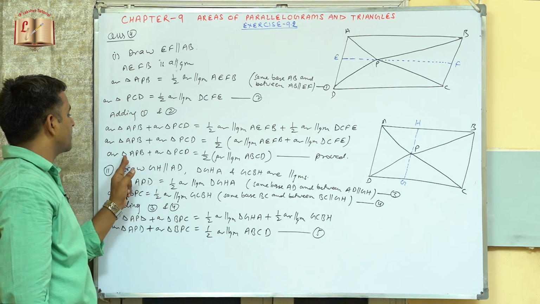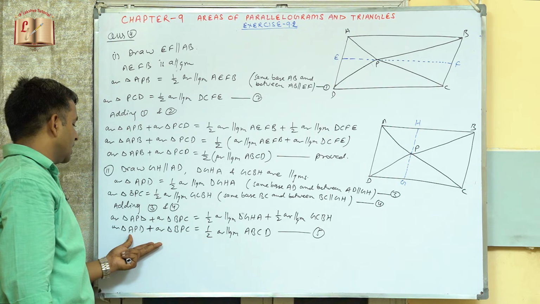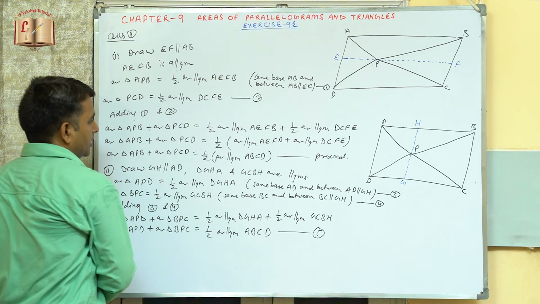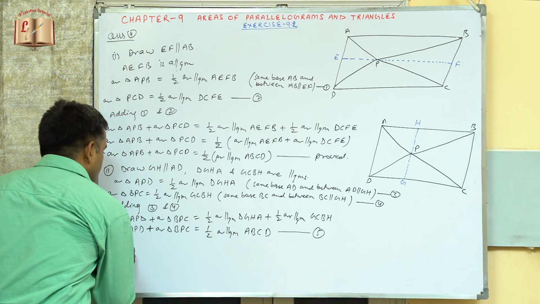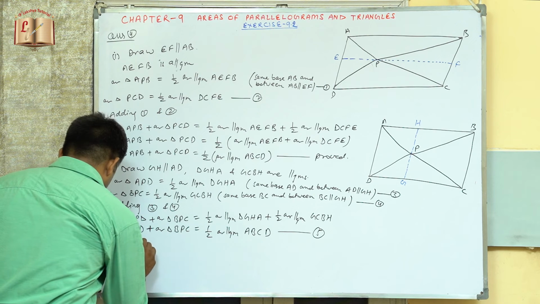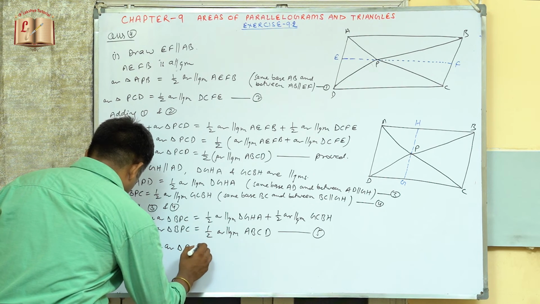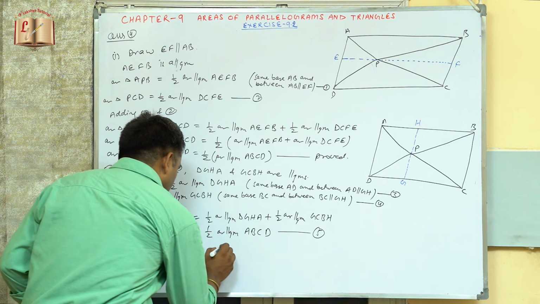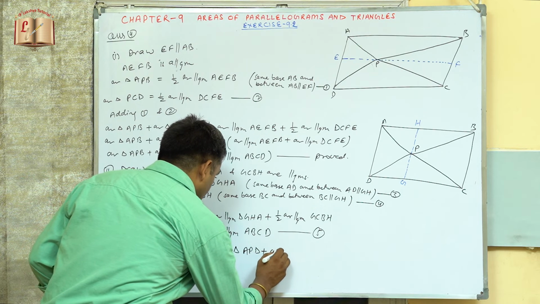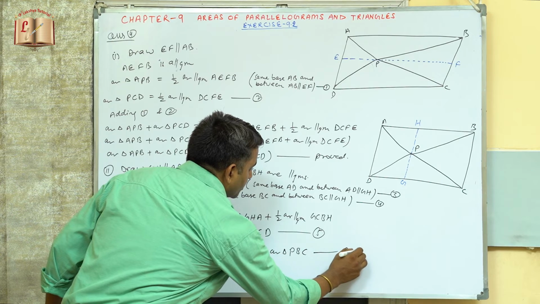So we can write that area of triangle APB plus area of triangle PCD is equal to area of triangle APD plus area of triangle PBC. So this is also proved.